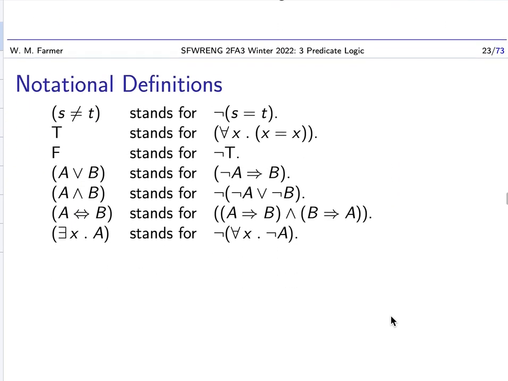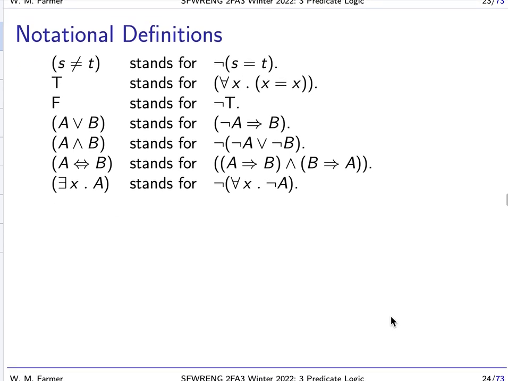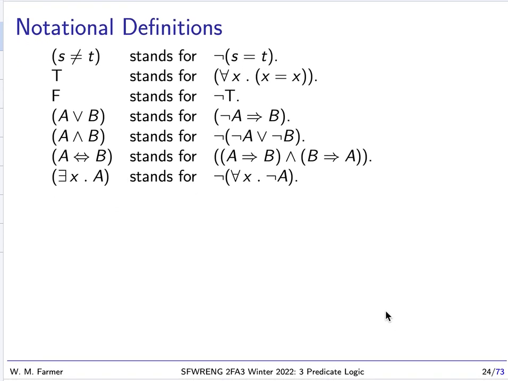Okay, so we would like to make some notational definitions. And these notational definitions, in this case, you can think of them as abbreviations, but they're a more convenient way of writing down something we want to say. So instead of saying not S equals T, we can say S does not equal T. So this expression really stands for this expression.